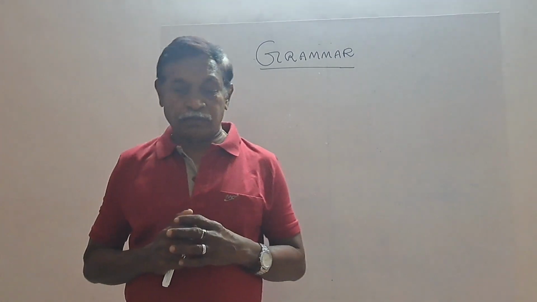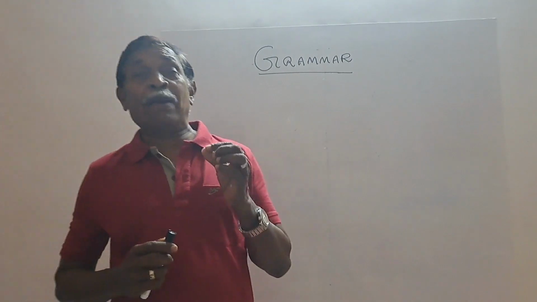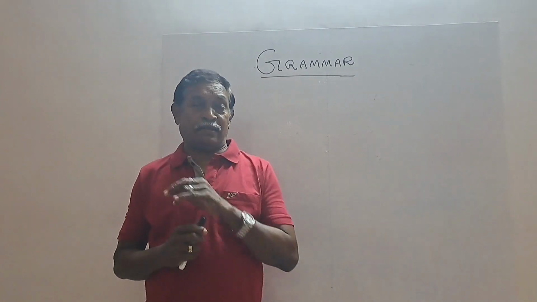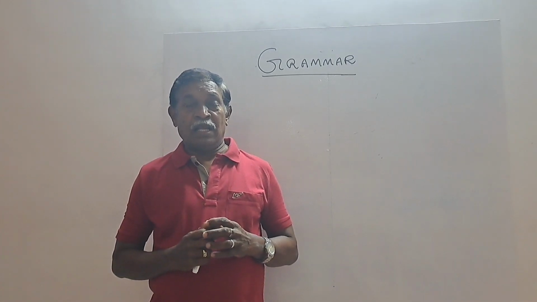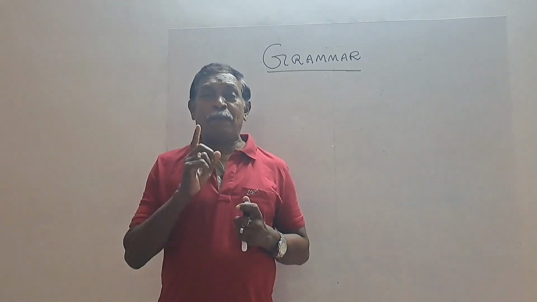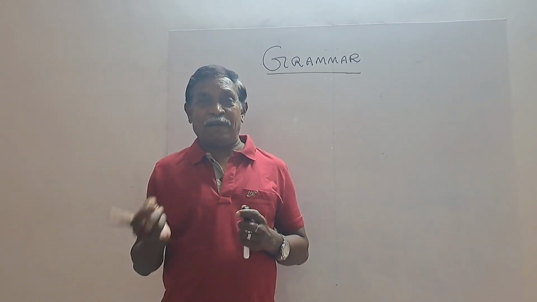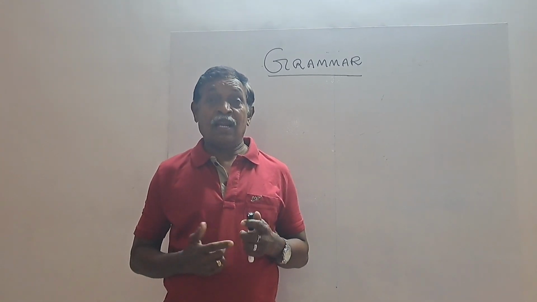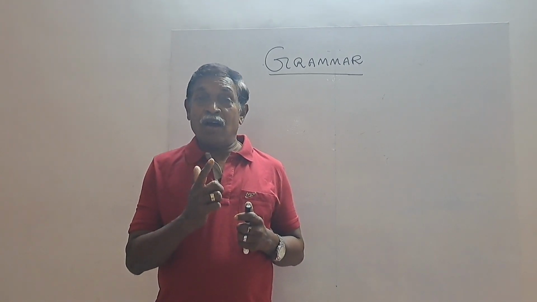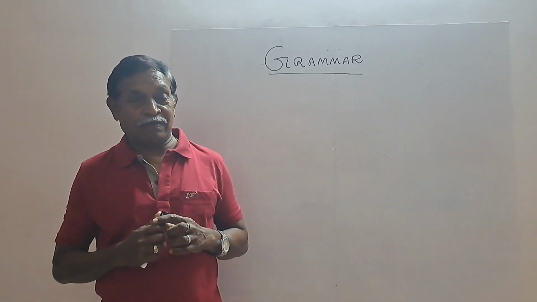What's a proper noun? A proper noun is the name of a particular person or thing. King Ashoka. Ashoka is the proper noun of a person. Delhi is a proper noun of a particular place.